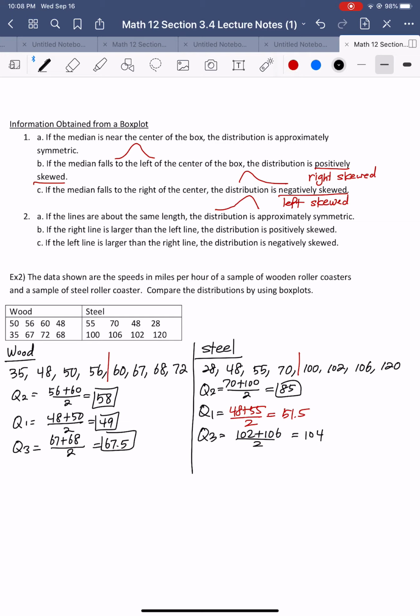And then I'm going to put it onto the same horizontal axis. On the horizontal axis, I need to fill in from 28 up to 120.